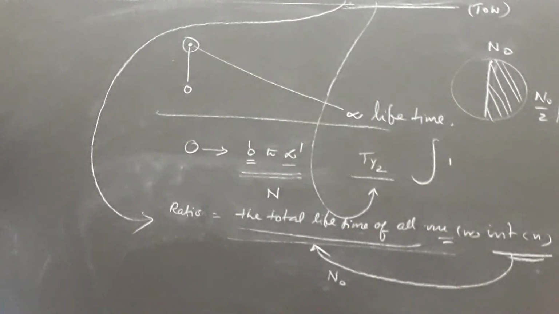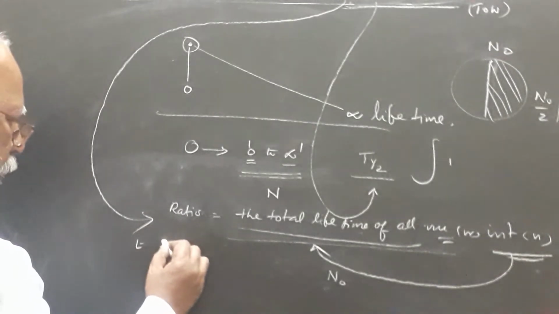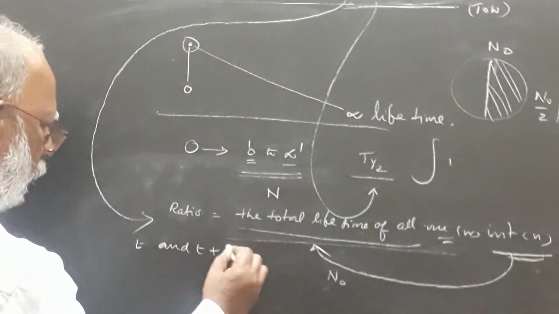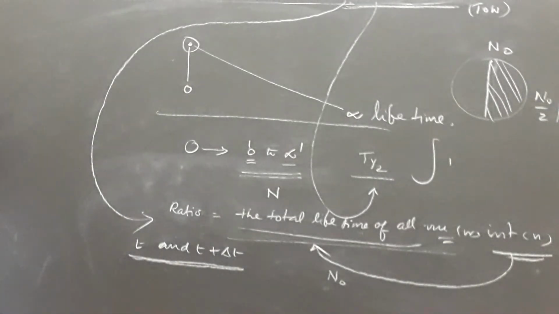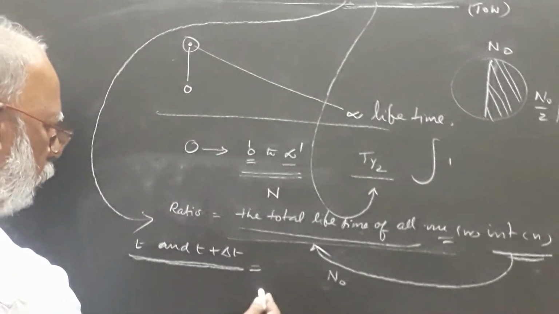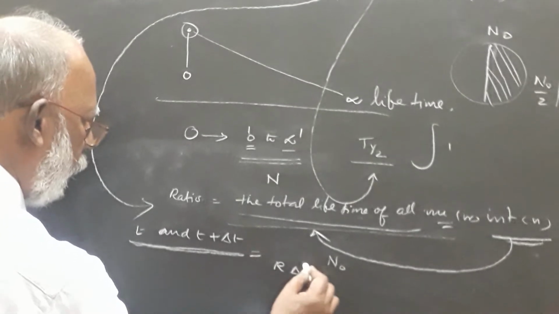Now we have to assume a time t, between time t and t plus delta t, within this period of time the decay may happen. The amount of decay is equal to R into delta t.